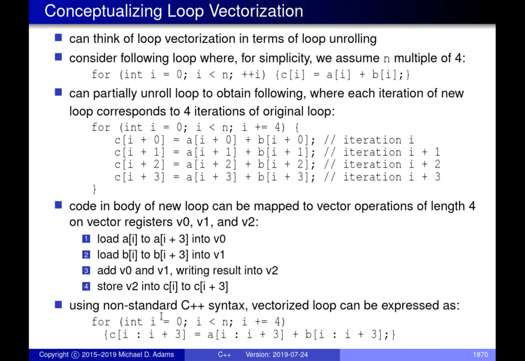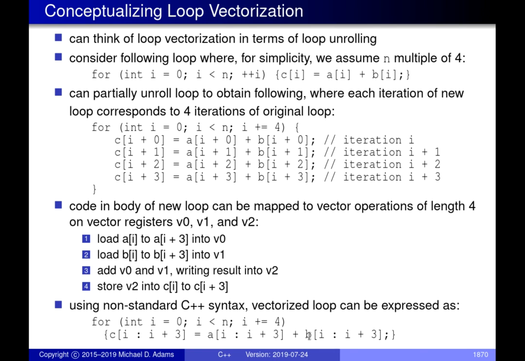And the syntax that I'm showing at the bottom of the slide, sometimes people like to use syntax like this. No C++ compiler compiles it per se, but it's a helpful way to express the idea of things being vectorized. So this is trying to express the idea that we're taking this array A, and we're accessing 4 different elements from I plus 0 up to I plus 3, and grabbing all of them at once.